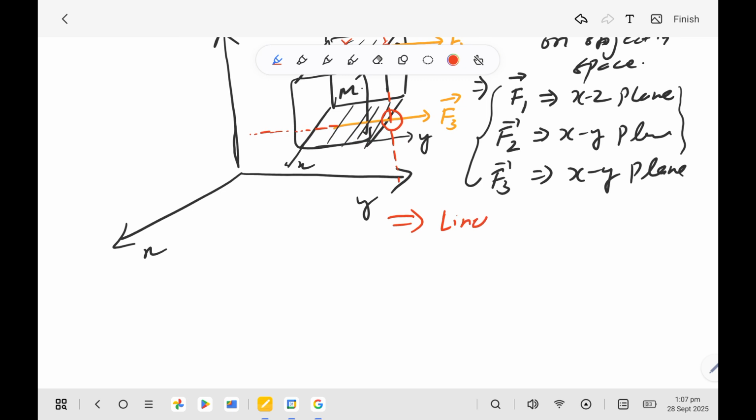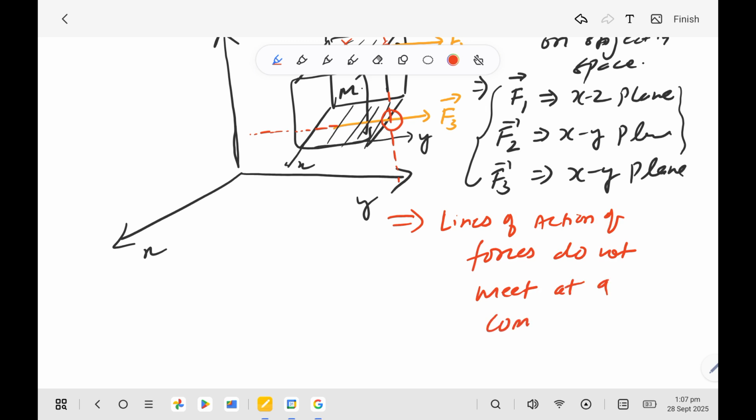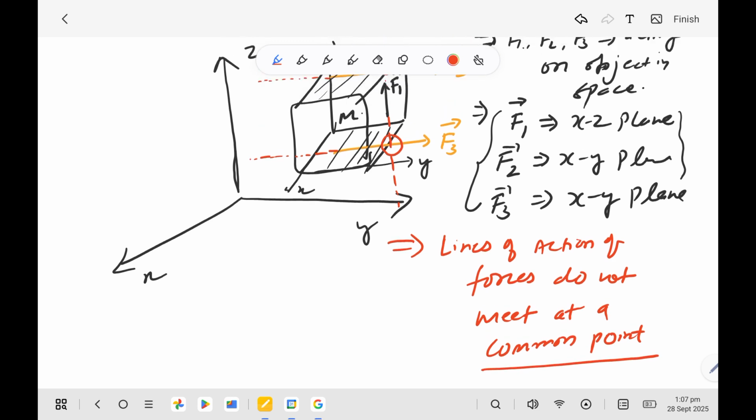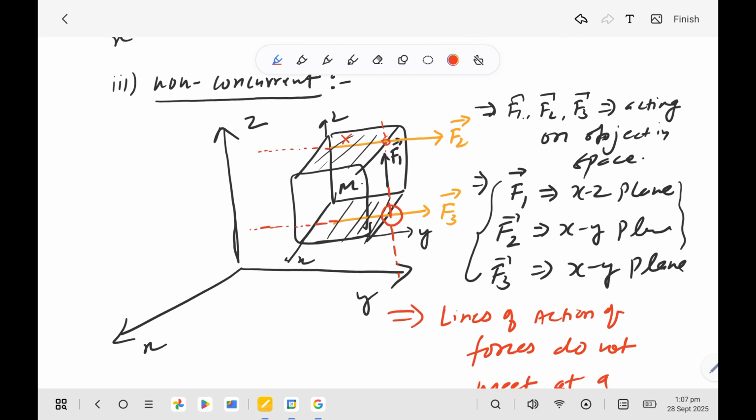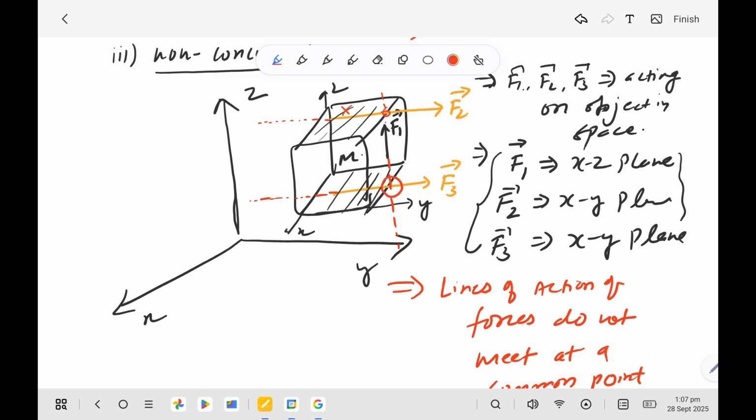So the lines of action of forces do not meet at a common point. This is an example of a non-concurrent non-coplanar system of forces.